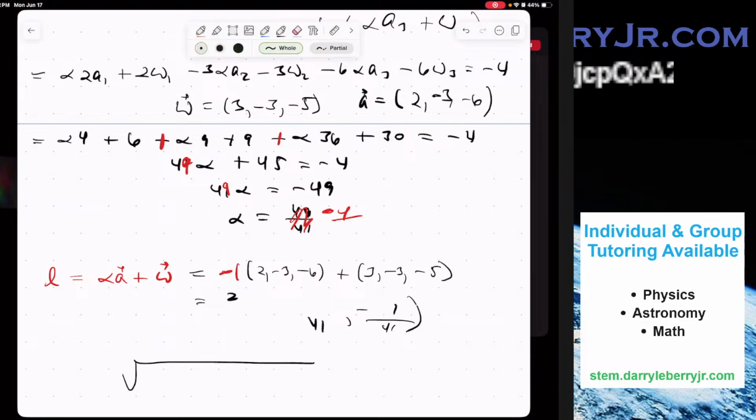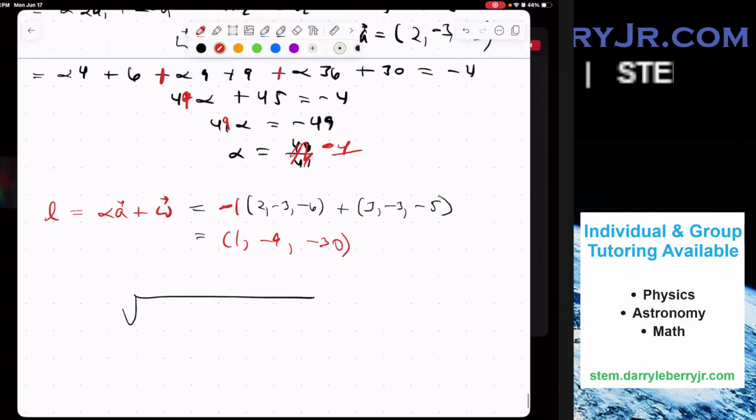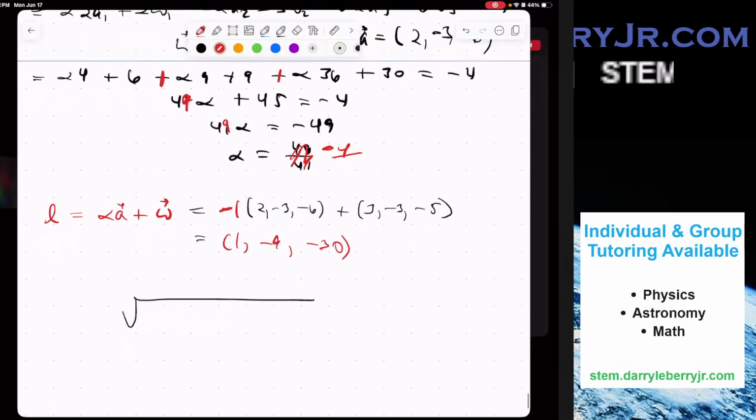So then we would have 1, negative 9, negative 30. And we know the magnitude of that.